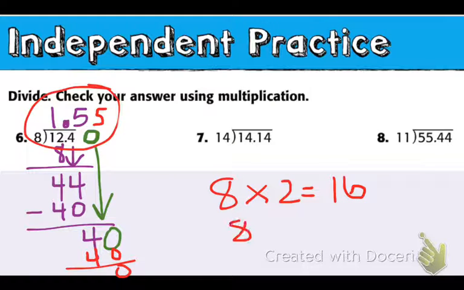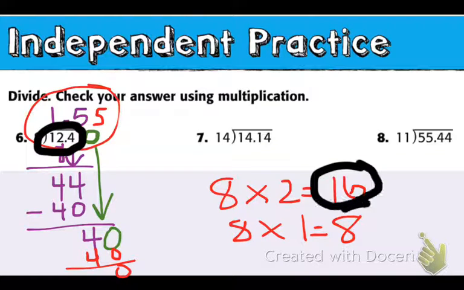Maybe I can estimate it to 1, because 1.55 is somewhat in the middle, right? We know that our dividend should be close to 16 or 8. And sure enough, 12 is in the middle of that. So 1 and 55 hundredths will work.